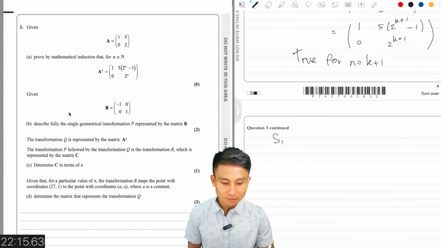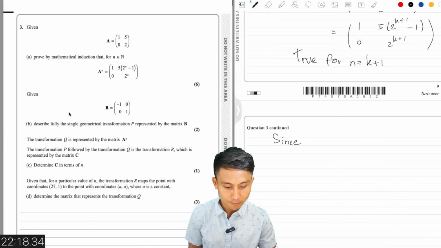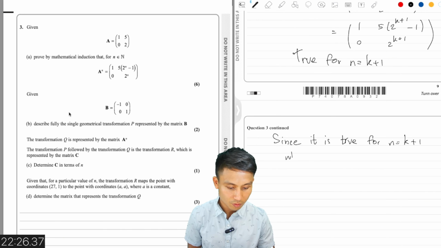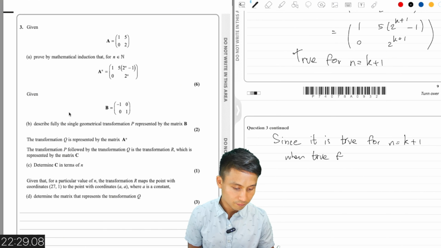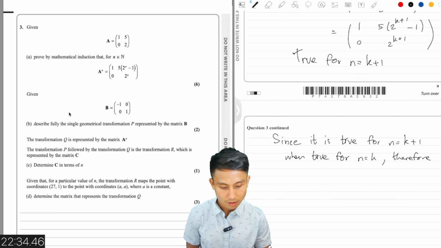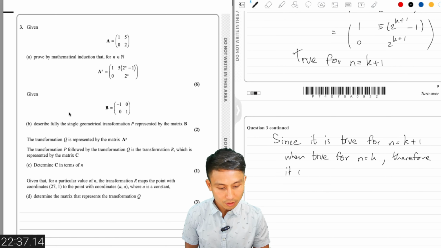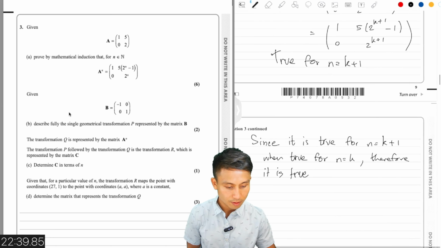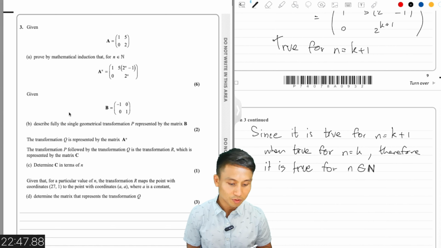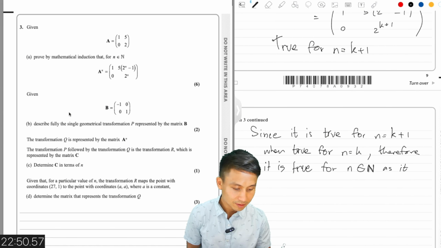Okay, and the concluding step: since it is true for n equals k plus 1 when true for n equals k, therefore it is true for n, n a natural number, as it is true for n equals 1.